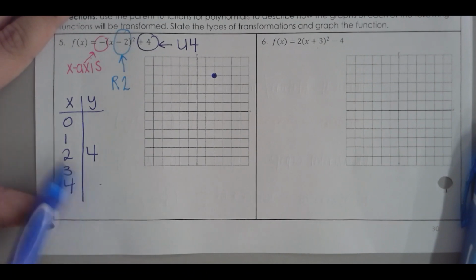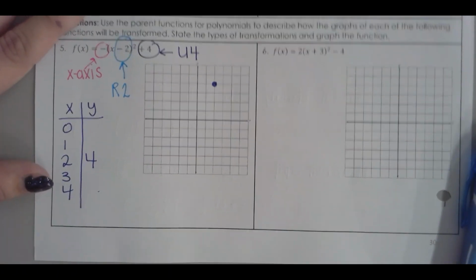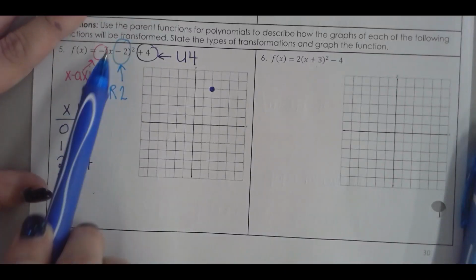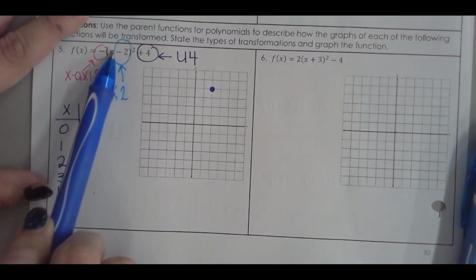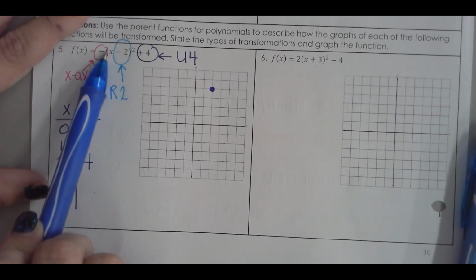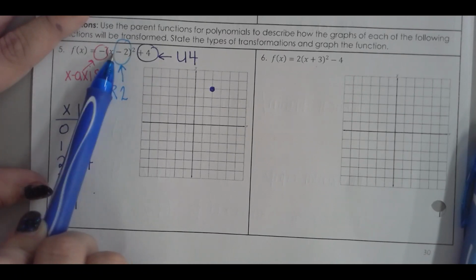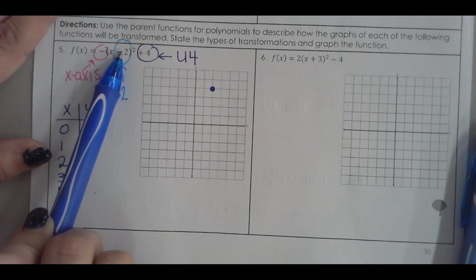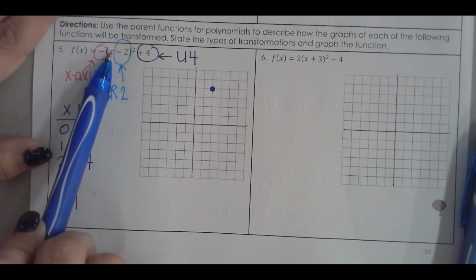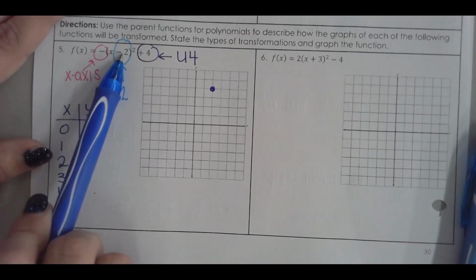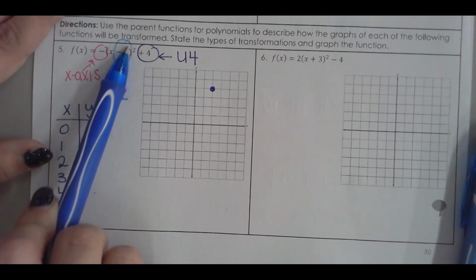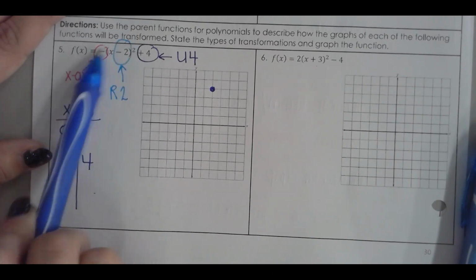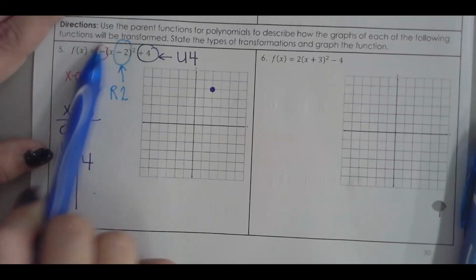From there, I would make that my middle, and get 2 points on either side of that vertex. And you could just plug in a 1 here. So if I do x minus 2, what's 1 minus 2? Negative 1. What do I get if I square that? 1. But I have a negative in the front, so that makes it negative 1.